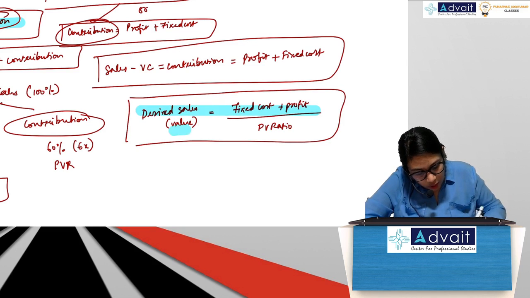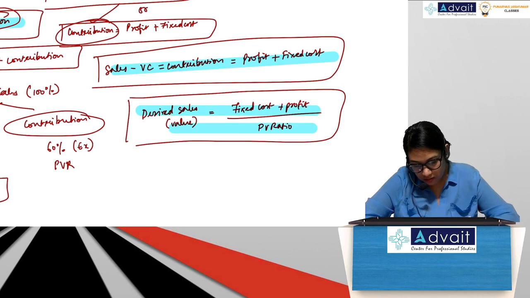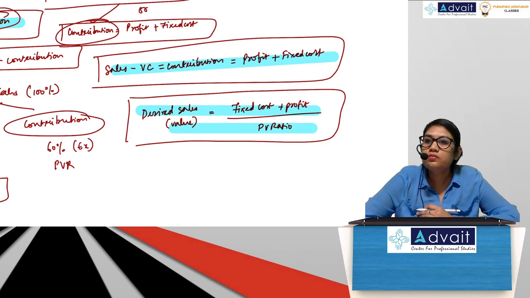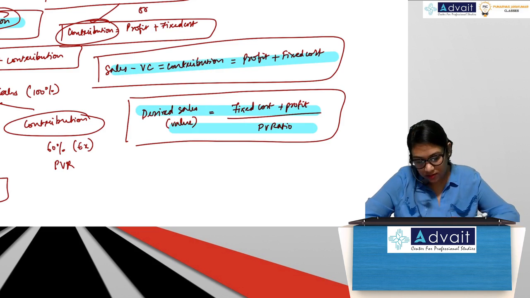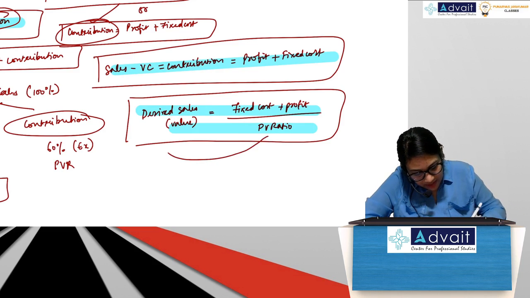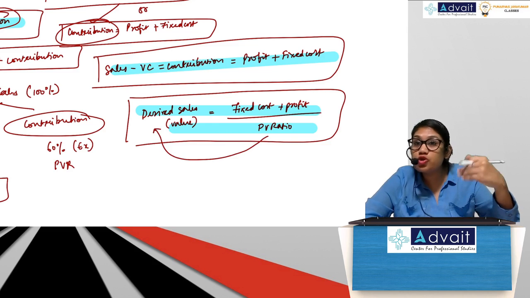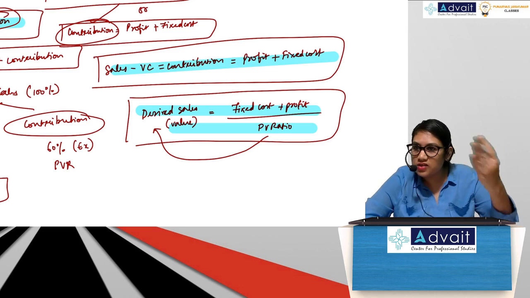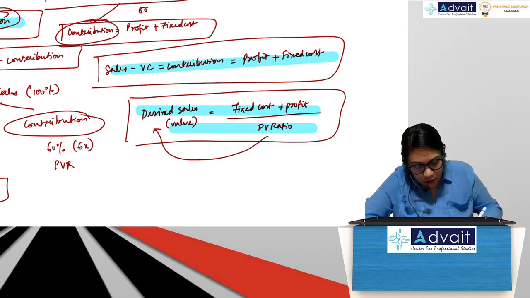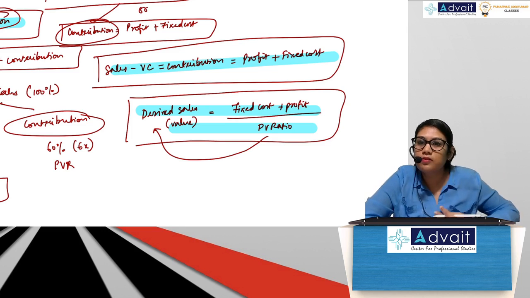How is this formula the same as this formula? See, PV ratio into desired sales. PV ratio into sales gives us what? Contribution. Because PV ratio is contribution by sales. Yes or no? So PV ratio into sales gives us contribution. And contribution is fixed cost plus profit.